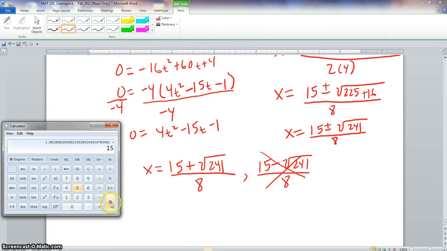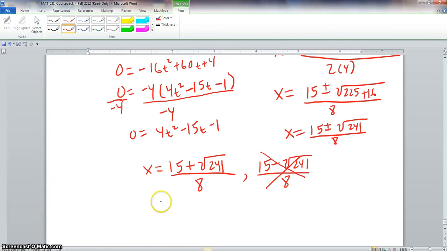Now you all have the TI-83 or TI-84, so you won't run into this problem. And then divide that by 8. And my final answer, we're asked to round to the nearest tenth place, would be x is equal to 2.0.